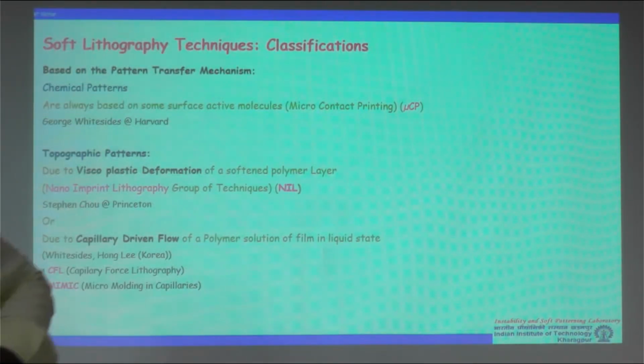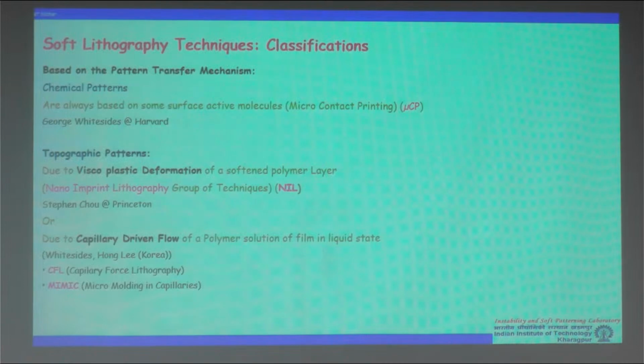I tried to give you some idea about what soft lithography is and what the techniques are. So now probably this slide will make good sense to all of you. Basically, we now know there are techniques for making chemical patterns, for example, micro contact printing.